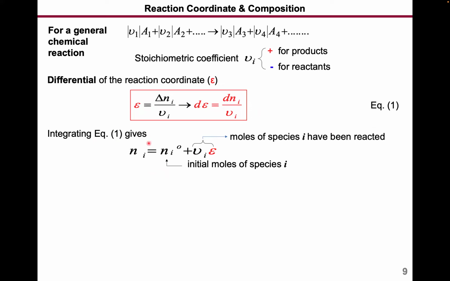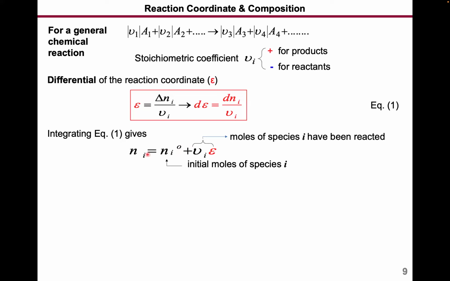Now, if you integrate this equation, if you focus on Ni, let's say your initial moles is Ni0. If you don't have any products in the original reactor, then your Ni0 for those products is going to be 0.